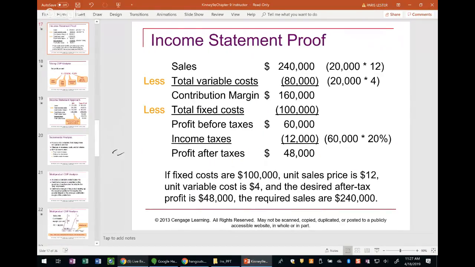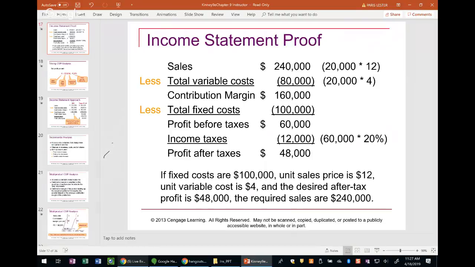All right, we got down to contribution margin being 130,000. Now we subtract fixed cost, and that is 100,000, isn't it? That leaves you 30,000, your desired profit.